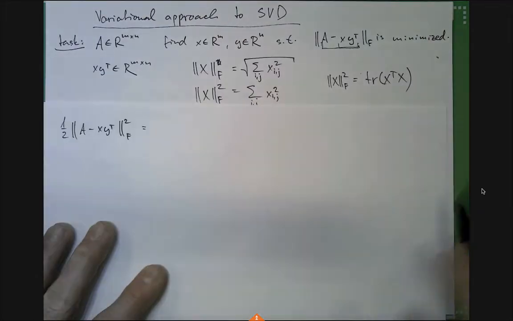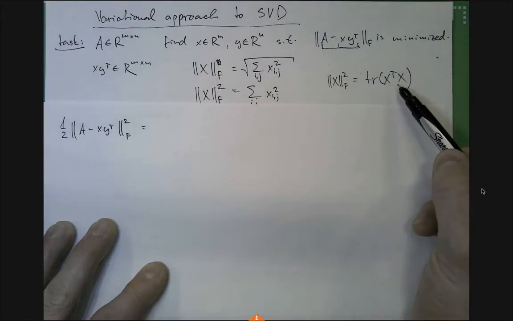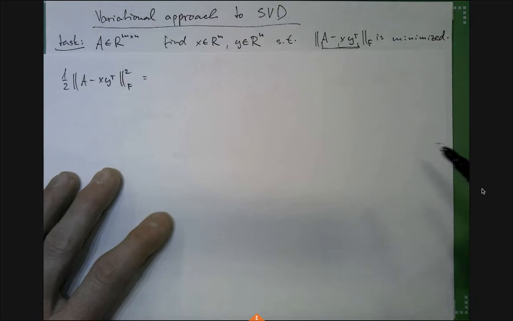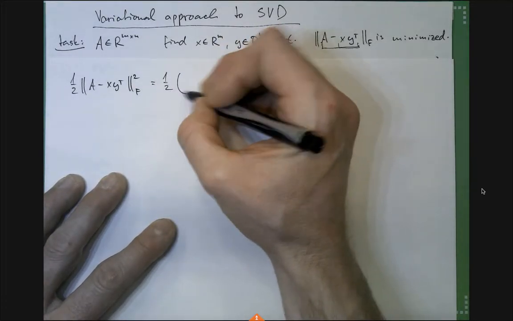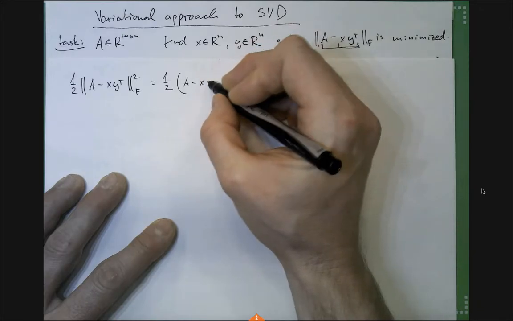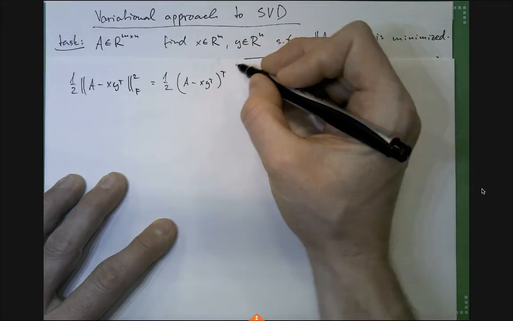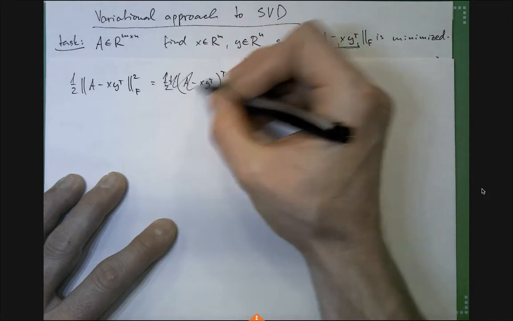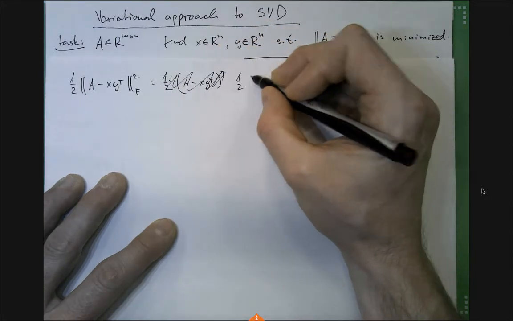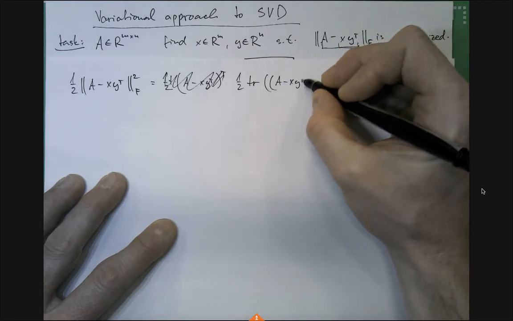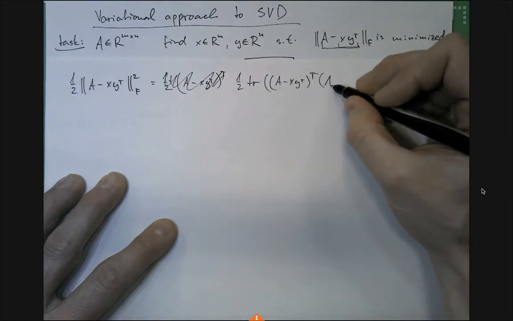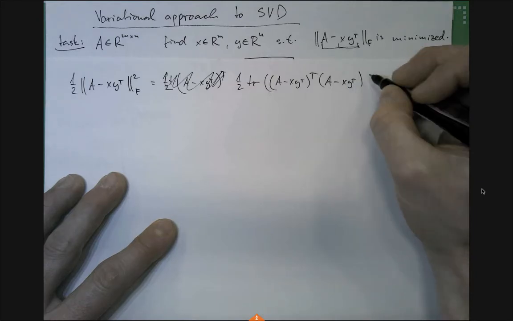So next I will use this property that I can write the Frobenius norm as a trace of X^T X. So in this case, it's going to be what? It's going to be 1/2 of, let me do it slowly to make sure I don't make any mistakes. So that's going to be, I already made a mistake, see? So that's going to be 1/2 of the trace of (A minus xy^T) transposed, times (A minus xy^T), okay?